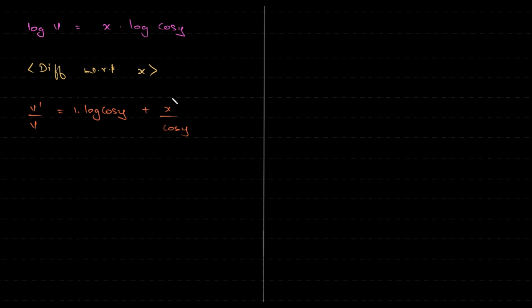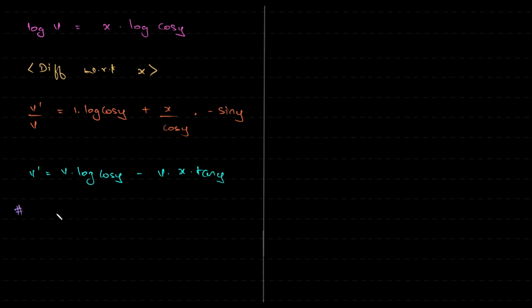Then I kept the first term and differentiated the second term. Derivative of log of anything is 1 by that thing, which is 1 by cos, and as per chain rule I need to differentiate cos also. So this would be minus sine y. Please learn the chain rule and apply it in a single line. Get to that point as soon as possible. Now we have v that I need to multiply, and this expression turns out to be x into tan of y.